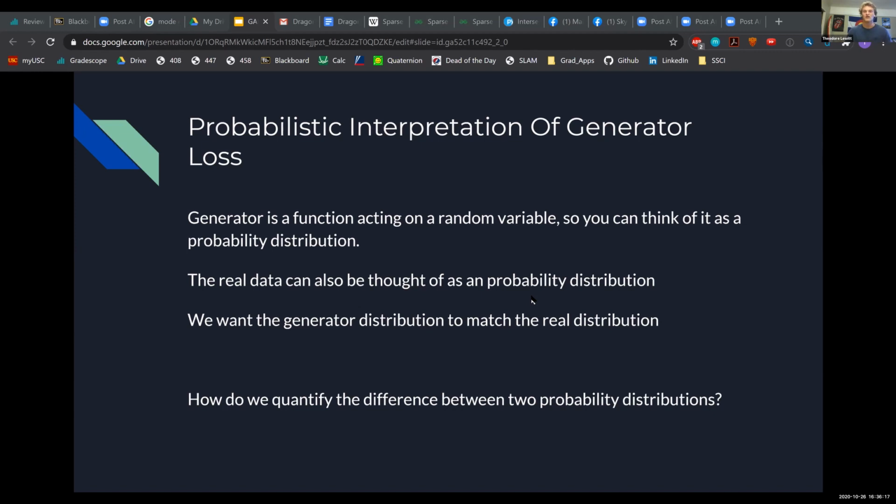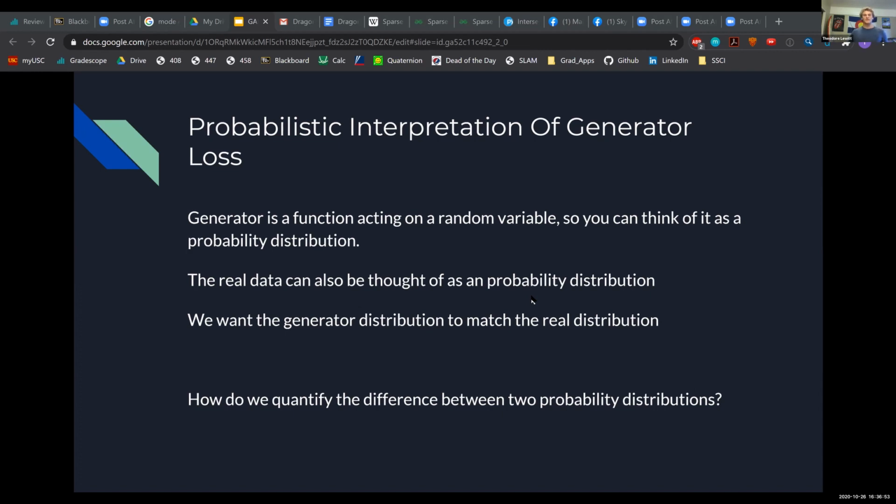So if our real distribution is the exact same as our generated distribution, we're going to fool the discriminator each time, and that's exactly what we want with our generator. If you go back and look at the loss term, what we want is for it to be fooling the discriminator every time. That happens when the generator distribution exactly matches the real distribution, or, going back to the concrete example, when the generator produces images that are exactly the same as the real images.